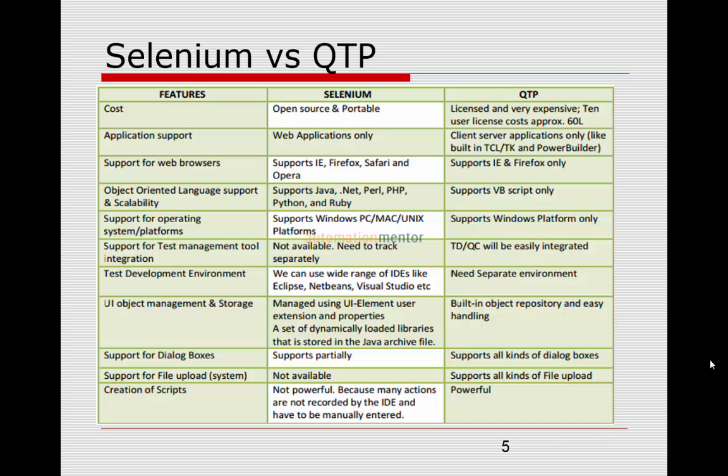On application support, as you see here, Selenium supports web-based applications, but QTP supports both web-based as well as client server or desktop based applications. The most important feature is the support for browsers. Selenium supports every browser available in the market, but QTP supports only IE and Firefox at the moment.